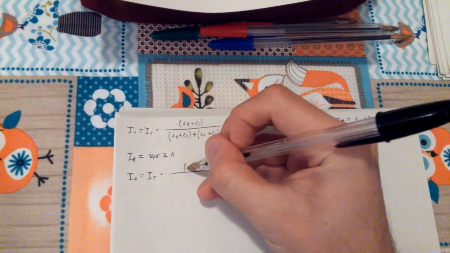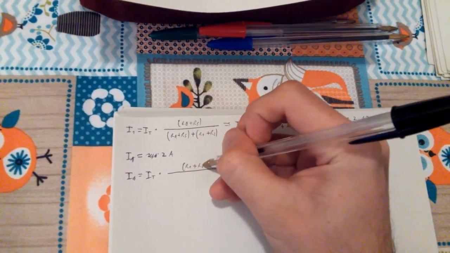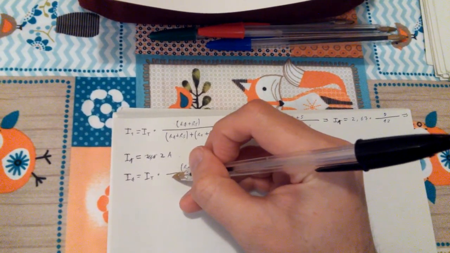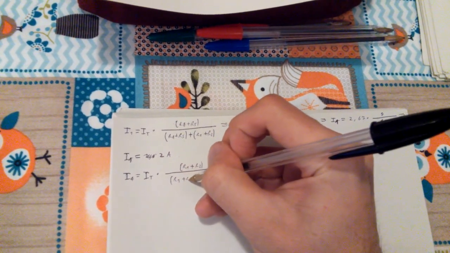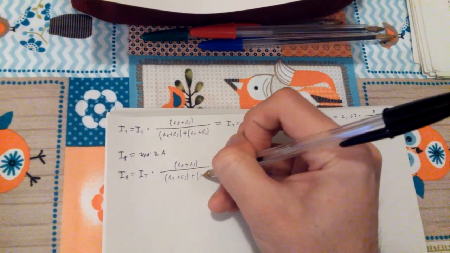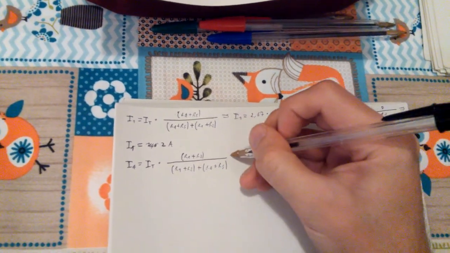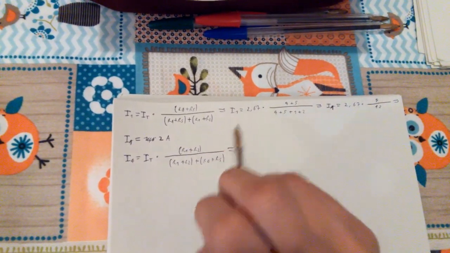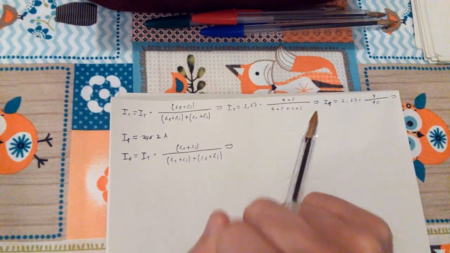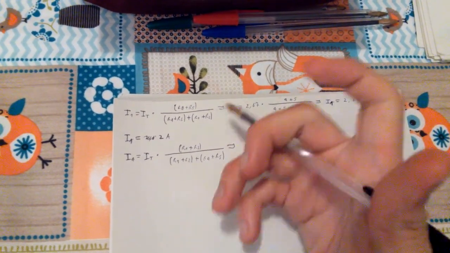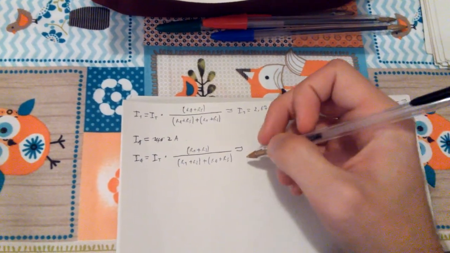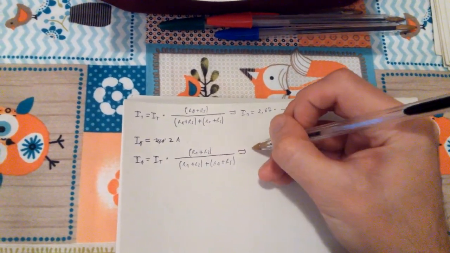This is also called the partitioner of current rule, but just to let you know.